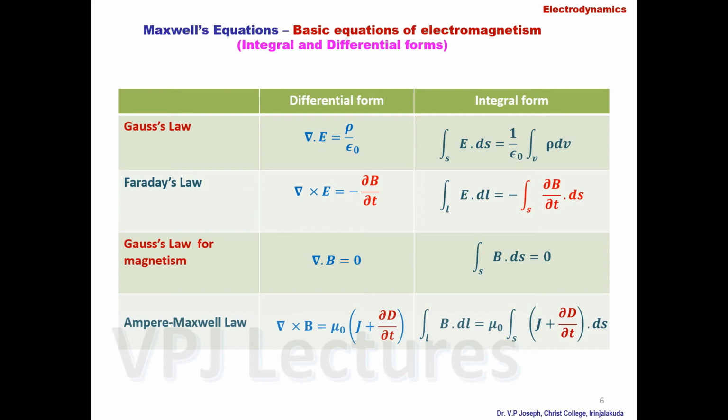And the only contribution given to this equation by Maxwell is that of the displacement current term dou D by dou T. But these four equations are generally known as Maxwell's equations. And we can see that these four equations are the basics of entire electrodynamics.